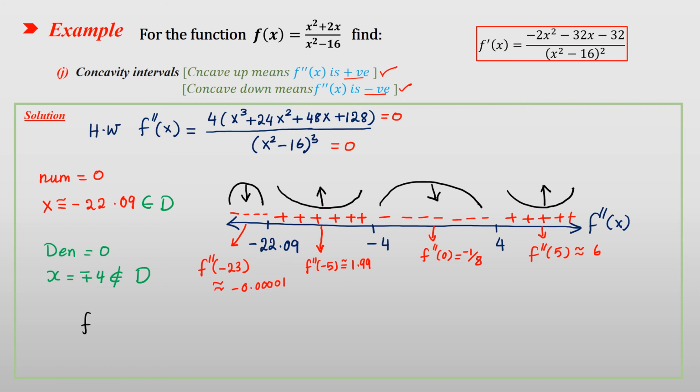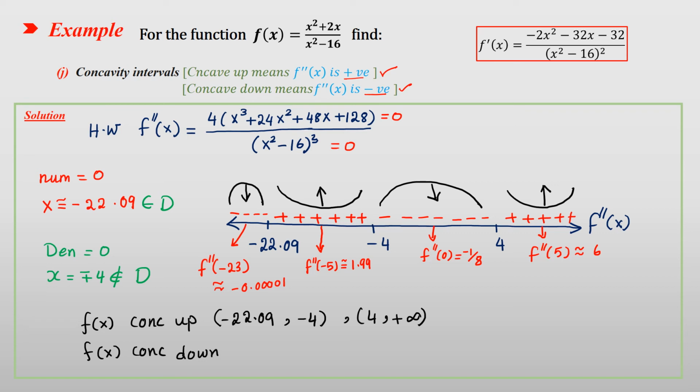So the function f of x is concave up on the interval from negative 22.09 to negative 4, and from 4 to positive infinity, and concave down on the intervals from negative infinity to negative 22.09, and from negative 4 to 4.